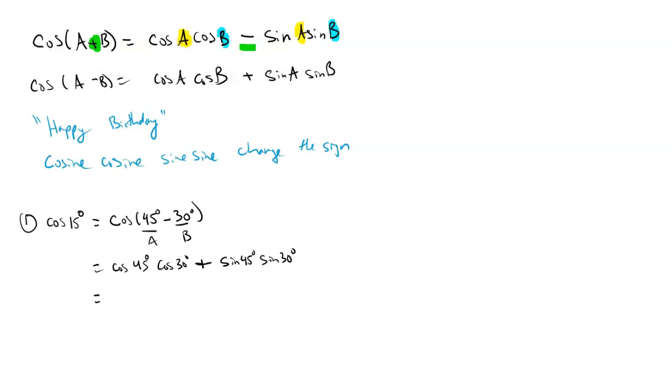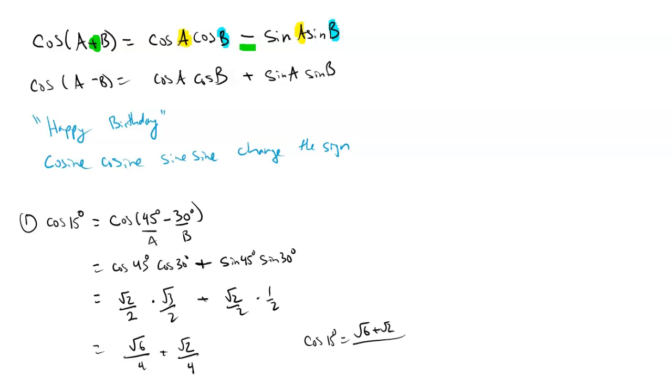So then cosine of 45 will be root 2 over 2, and cosine of 30 will be root 3 over 2. This will also be root 2 over 2, and this will be 1/2. So I can multiply my radicals together to give me root 6 over 4 plus root 2 over 4. So that means that the cosine of 15 degrees is root 6 plus root 2 all over 4.